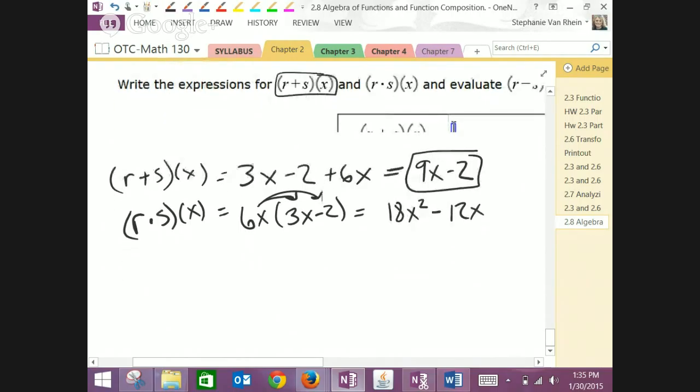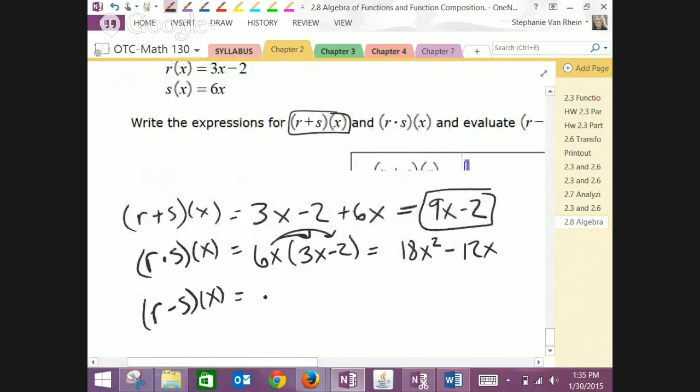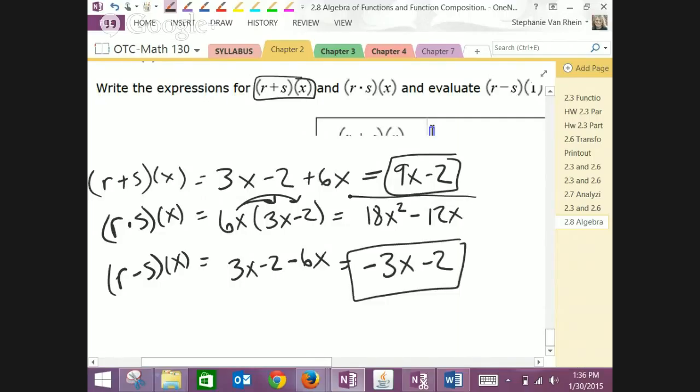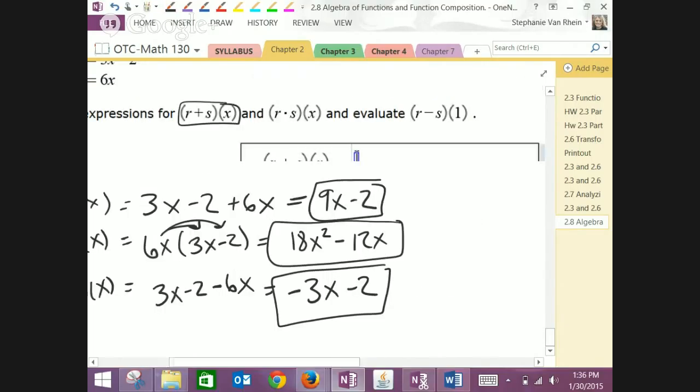What about r minus s? The r is positive, but the s is negative. So r minus s is 3x minus 2 minus 6x, which ends up being minus 3x minus 2, simplified. Exactly what you'd expect.